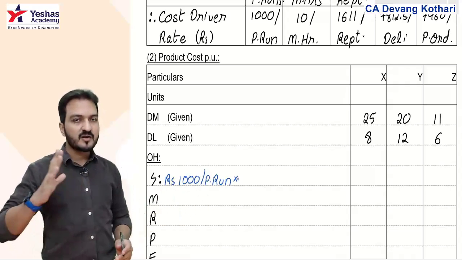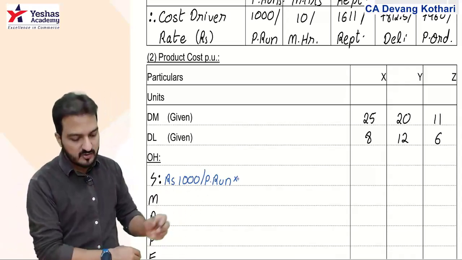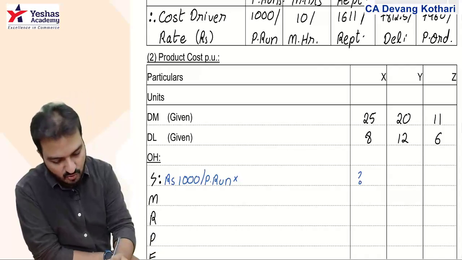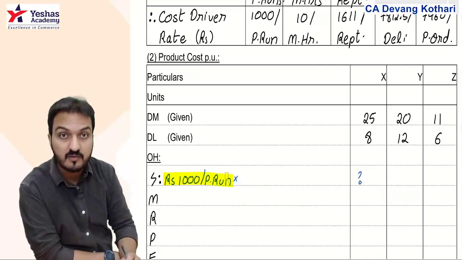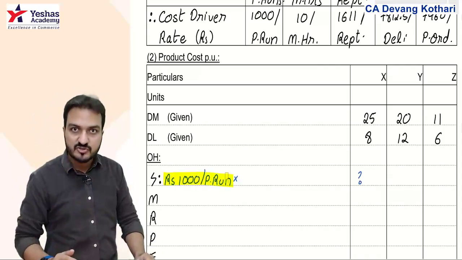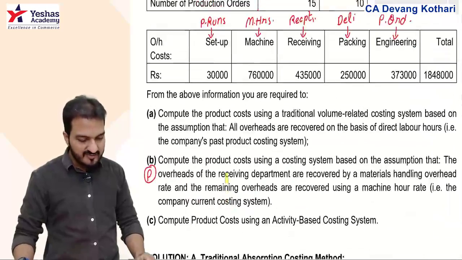Now for product X, I already know that setup cost is 1000 per run. I need to know how many production runs X requires. You are given that in the question.